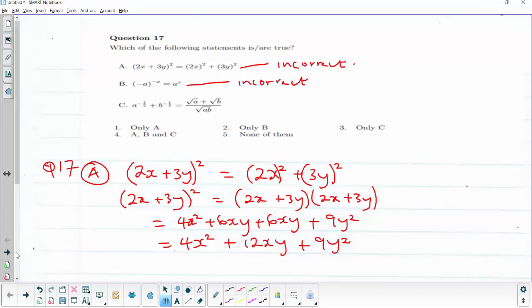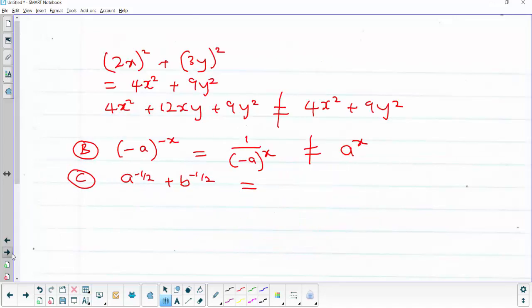So let us try to prove whether we are going to get the same thing or not. Let us consider this side and ascertain whether we are going to get this side.